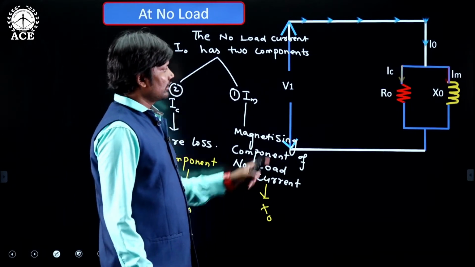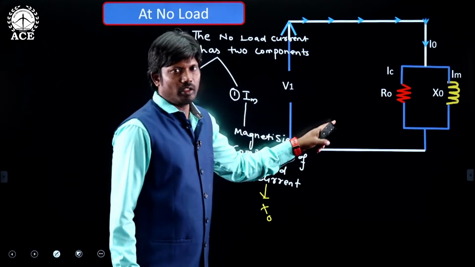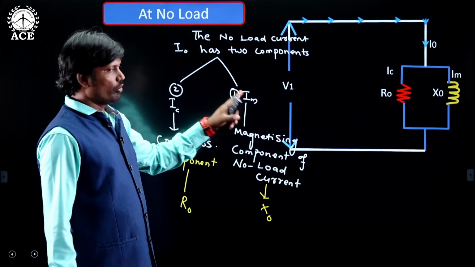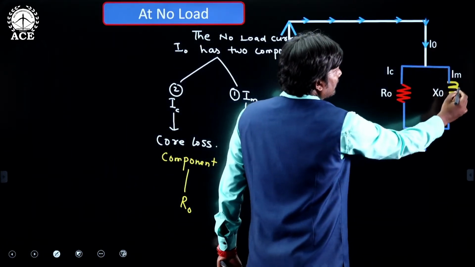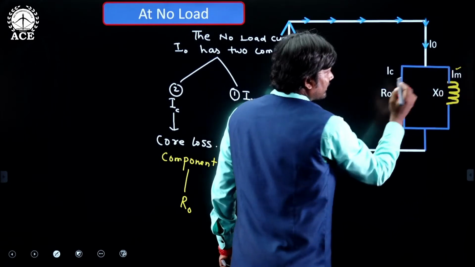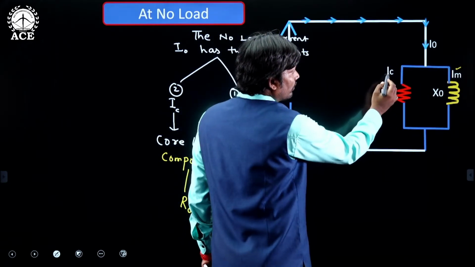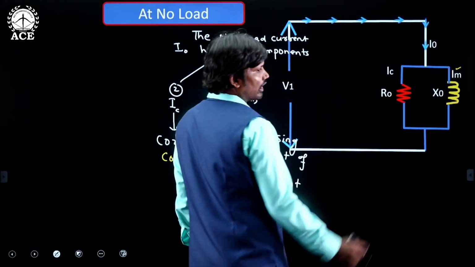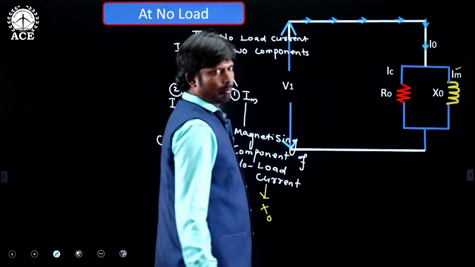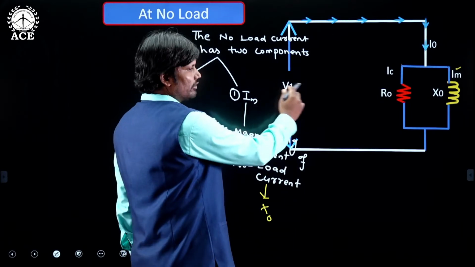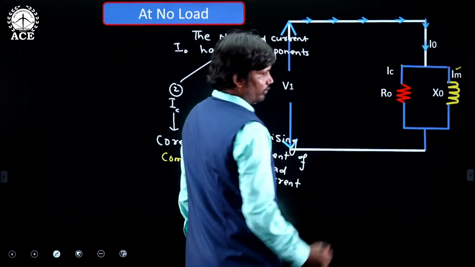So, this is the equivalent circuit of a transformer under no load condition. No load current has two components, Im which is flowing through the X naught, and Ic core loss component which is flowing through the R naught. This R naught and X naught both are connected in parallel. So, same voltage will appear across these two.